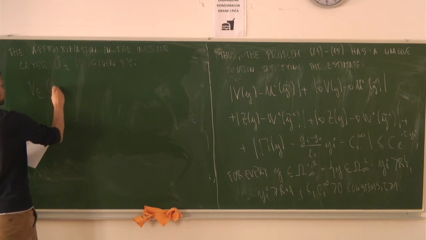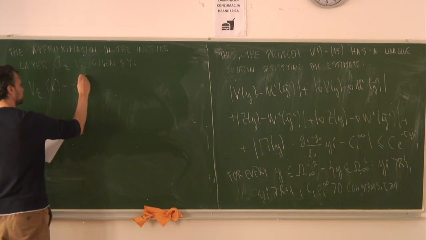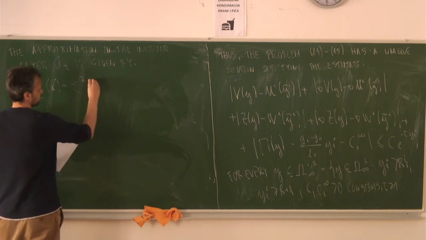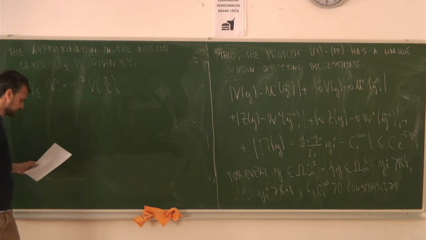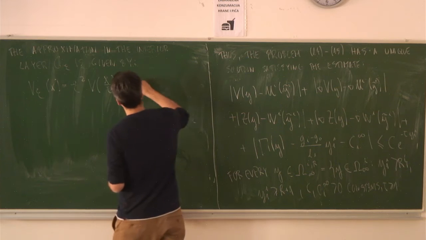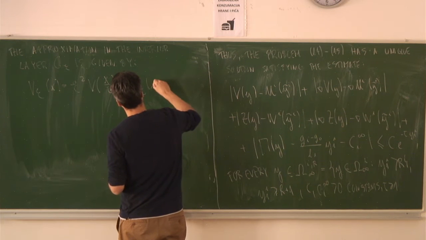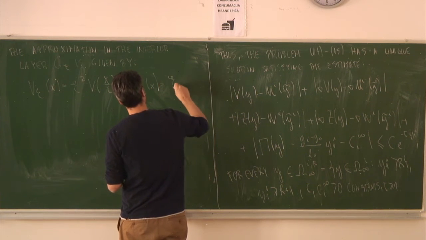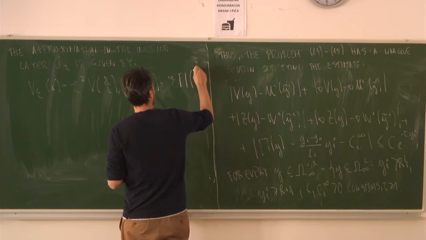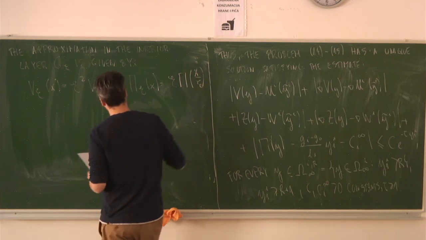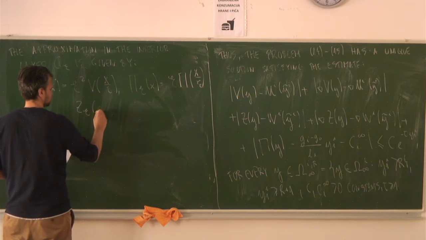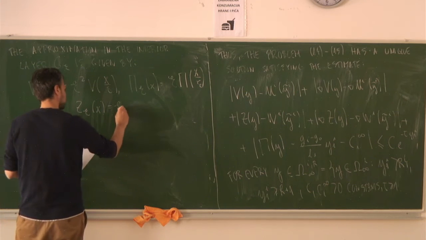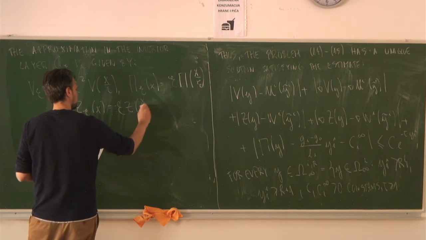So v epsilon of x is epsilon squared v of x over epsilon. p epsilon of x is epsilon p of x over epsilon, and z epsilon of x is epsilon z of x over epsilon.